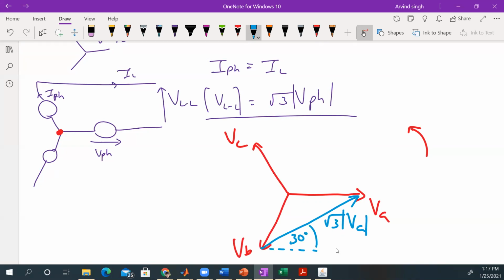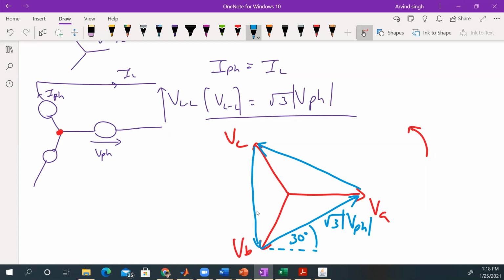Or VB or VC, doesn't matter, it's the phase voltage. Let's actually just call it that, √3 the phase voltage, right? In magnitude, if I want VB to VC, I will get a vector going from C to B. And if I want VC to VA, I will get a vector going from A to C. Notice these vectors go end to end, right? They go one into the other.